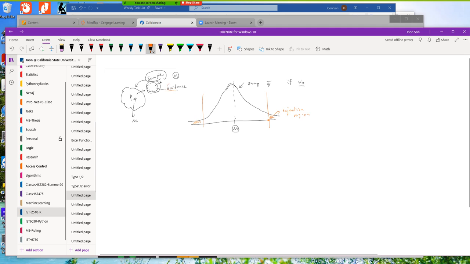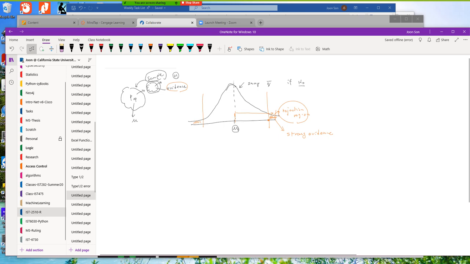So if the data from the evidence is really far away from the middle, meaning it's located in the rejection region, that means there is strong evidence that the null hypothesis is not true.